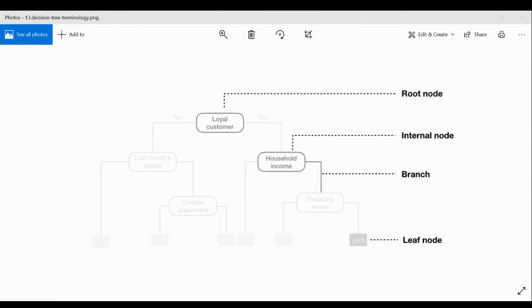Well, we just do it the other way around because you think about it more like a flow chart, the way a computer algorithm would work. You start at the top and simply move down it. So we begin at the root node, and then the branches represent the different splits. The nodes in between are the internal nodes, and finally at the bottom we have the leaf nodes or terminal nodes, and those are what we're going to make our predictions from.